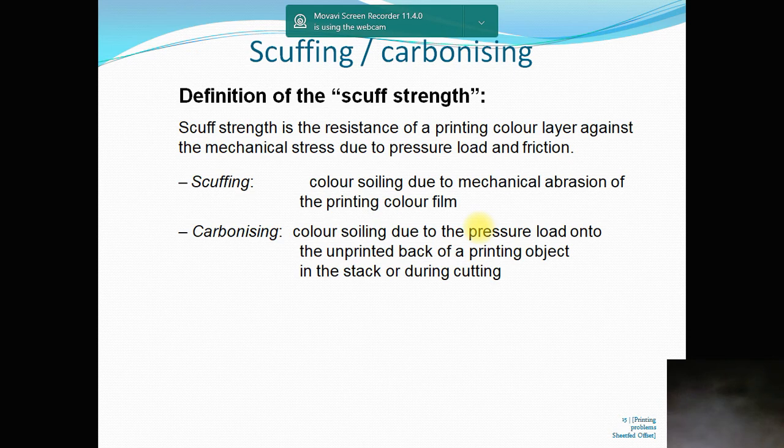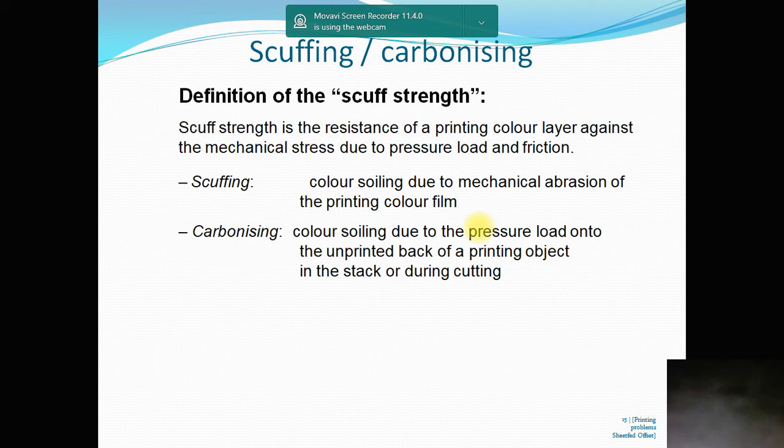Carbonizing is color soiling due to the pressure load onto the unprinted back of a printed object in the stack or during cutting. So, on one side it is printed with the color and the other side is not printed with the color.